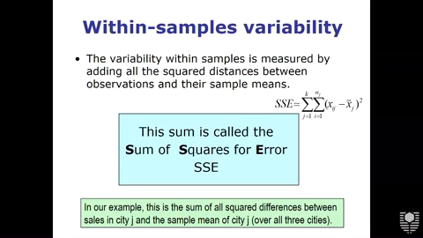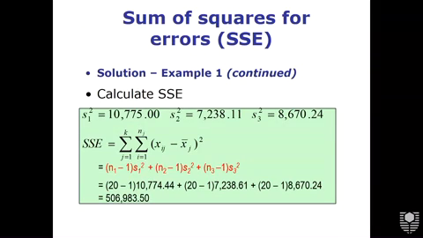It is the sum of squared differences between the sales in a city and the sample mean of the same city, over the 3 cities. This formula you need not remember, because it will take a lot of time to calculate. It will be given in the summary output.